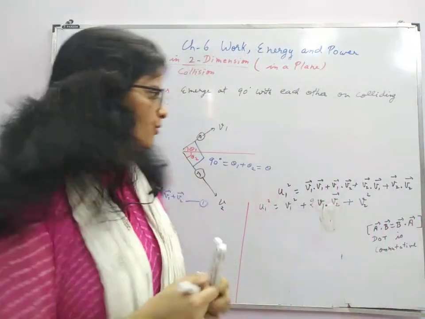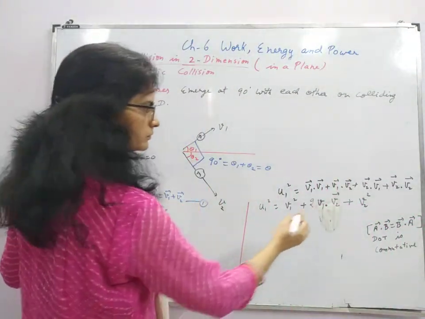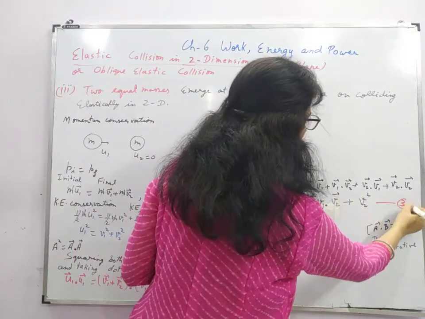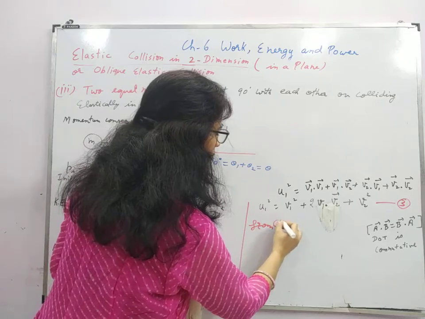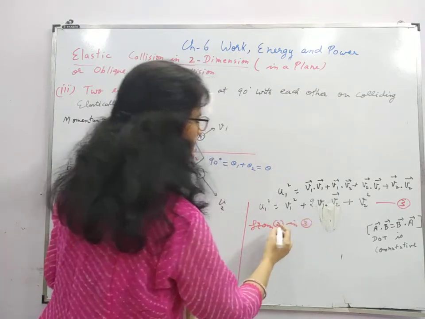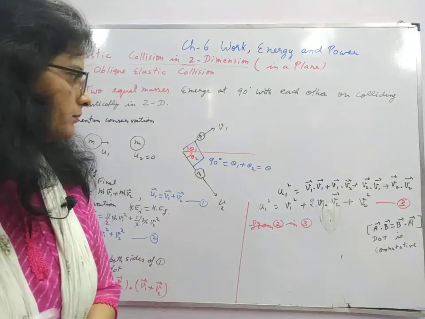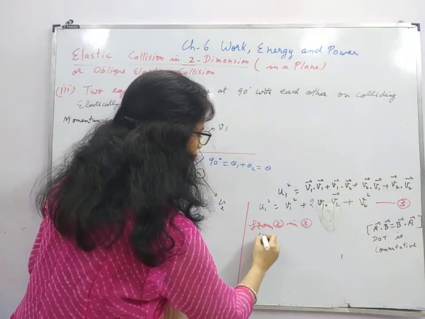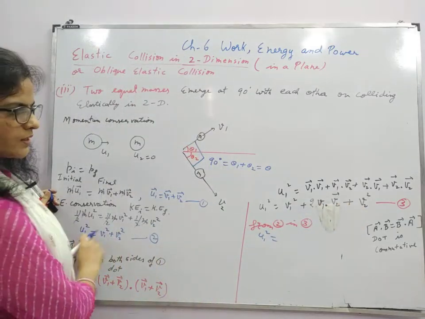And we know from equation 2, so this is equation 3, from 2 in 3 we can write u1 square is equal to, we know that v1 square plus v2 square is u1 square.